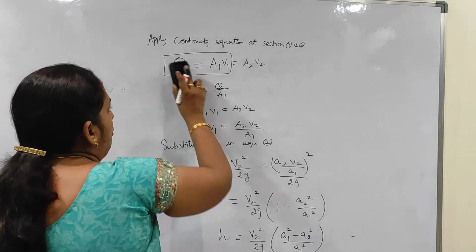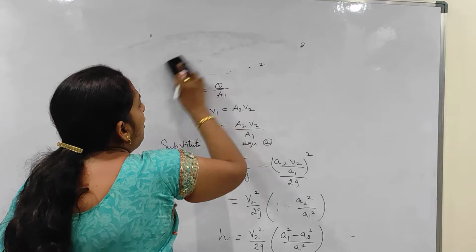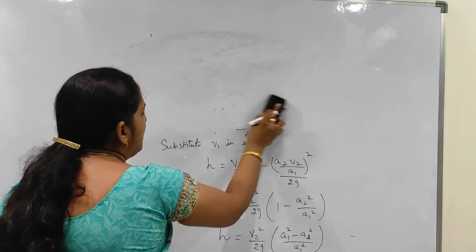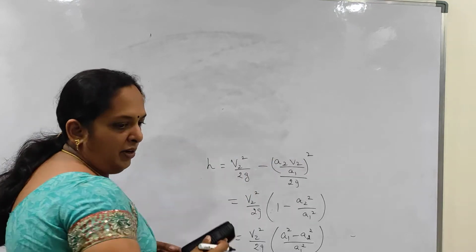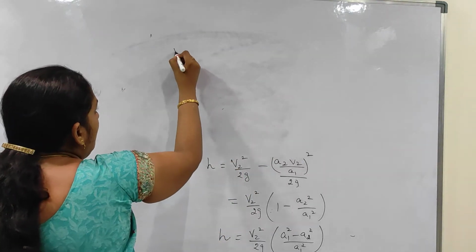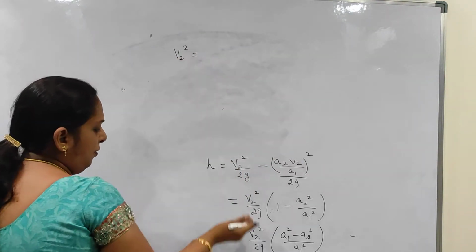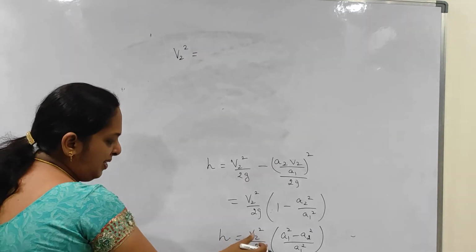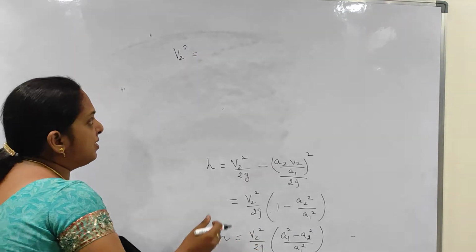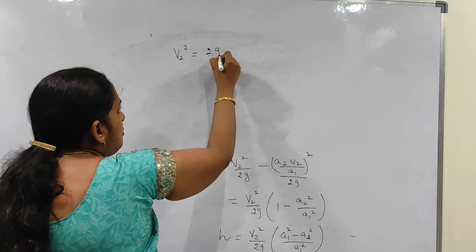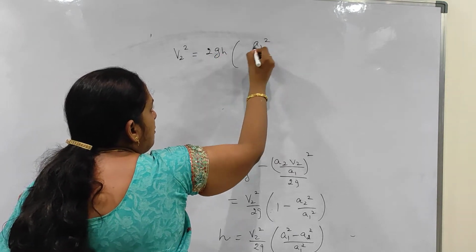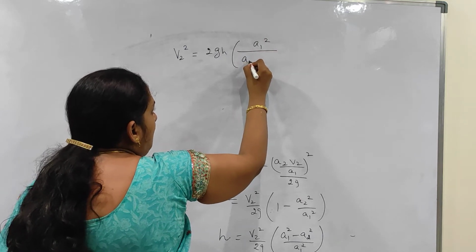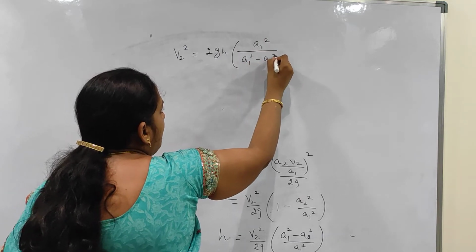Now what is the value of V2 from this equation? Once again, by rearranging this, we will be able to get the value of V2. Here I keep V2 square on this side and bring the other things to the other side. So V2 square is 2GH into A1 square by A1 square minus A2 square.